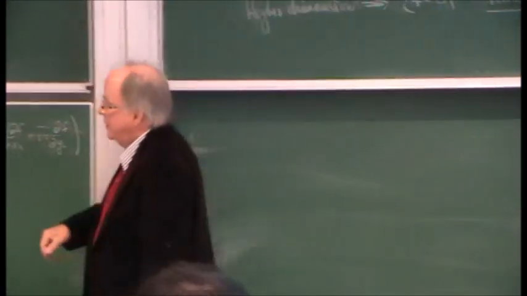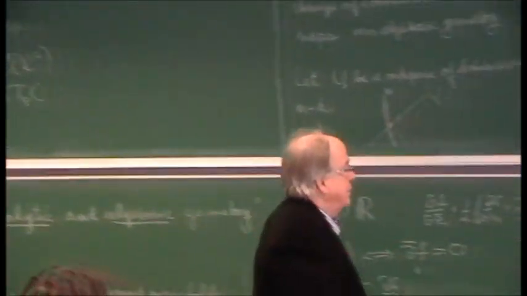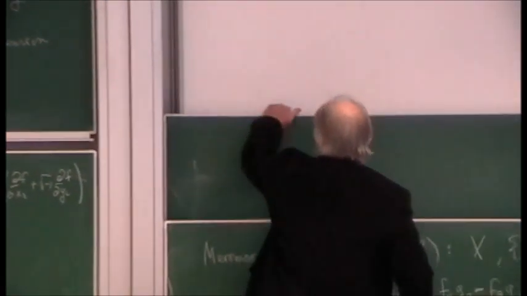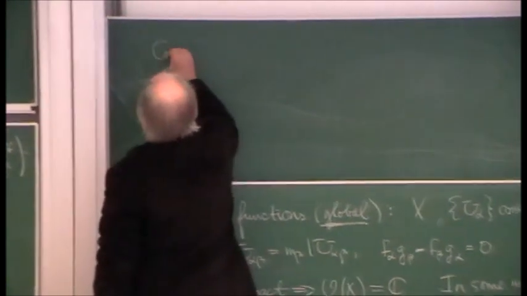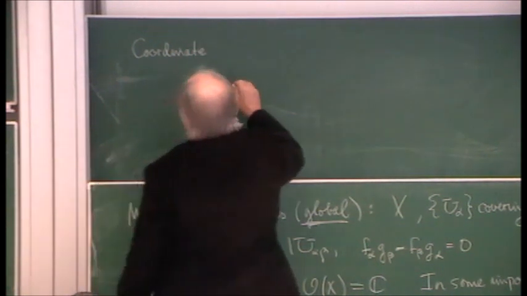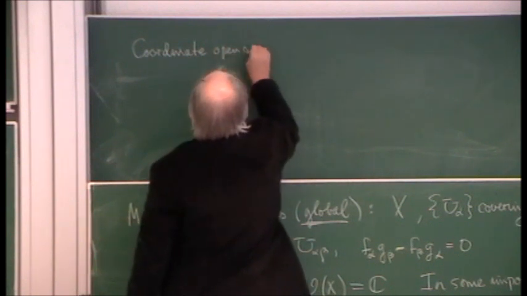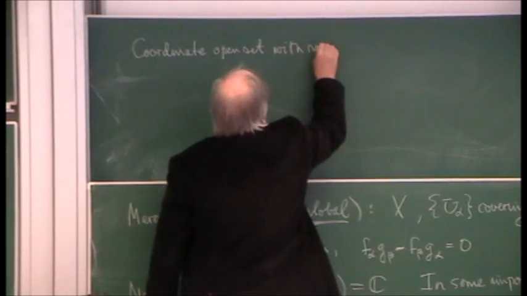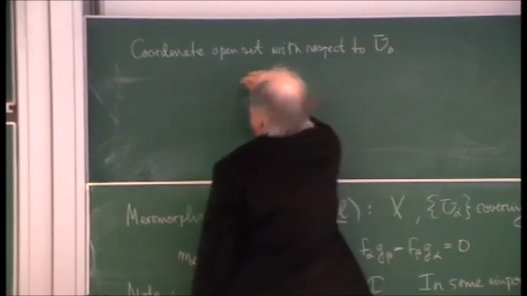Complete generality, because projective space is just a one-dimensional situation. So a special case, but it grows. So let's say the coordinate chart. I guess a chart is the coordinate open set with respect to this fixed U0.